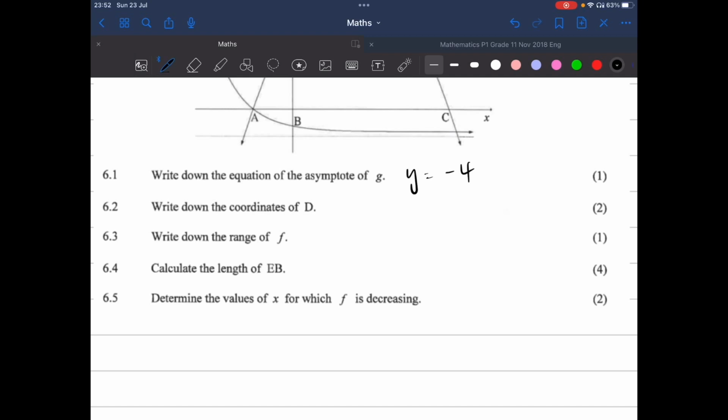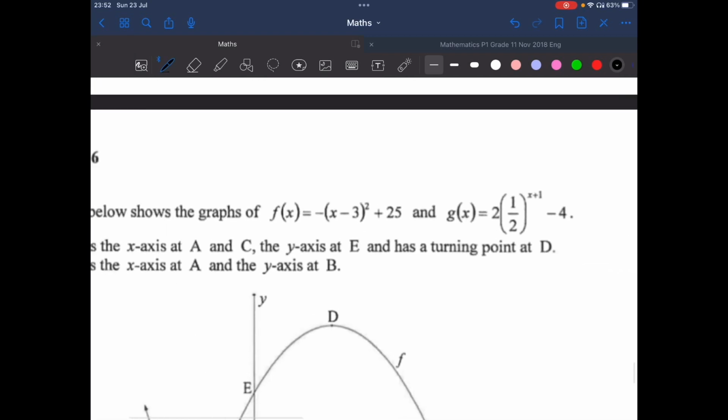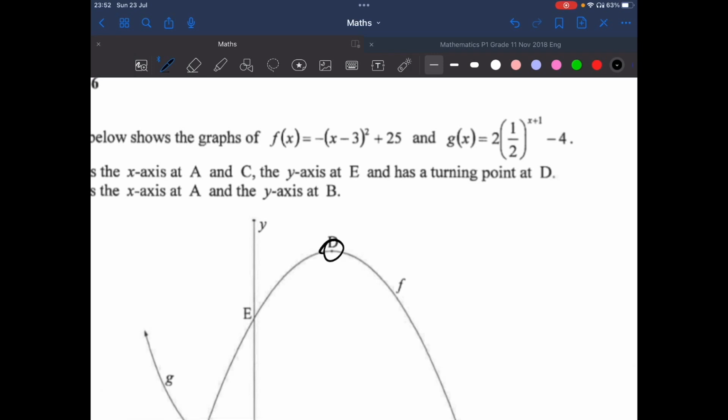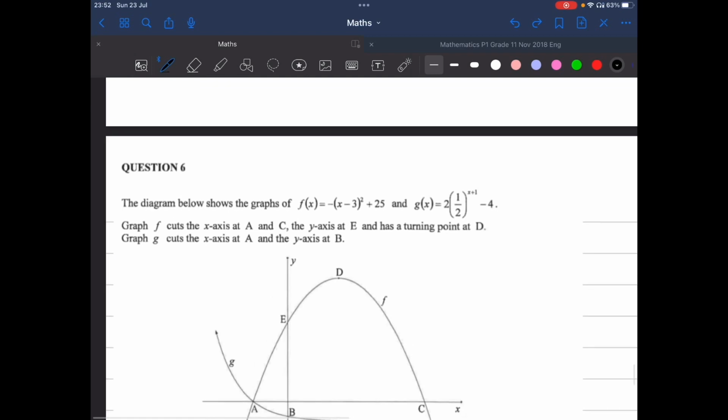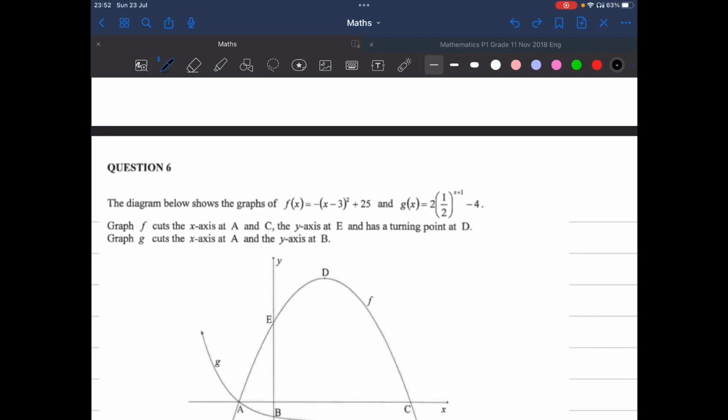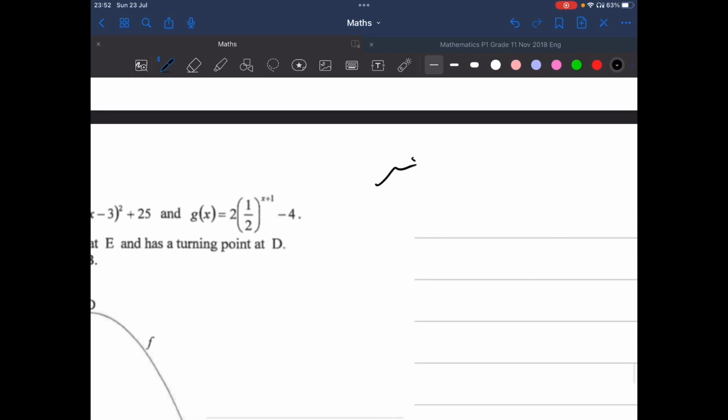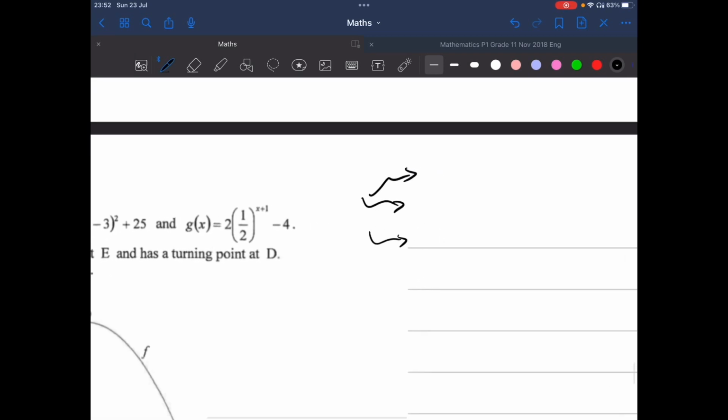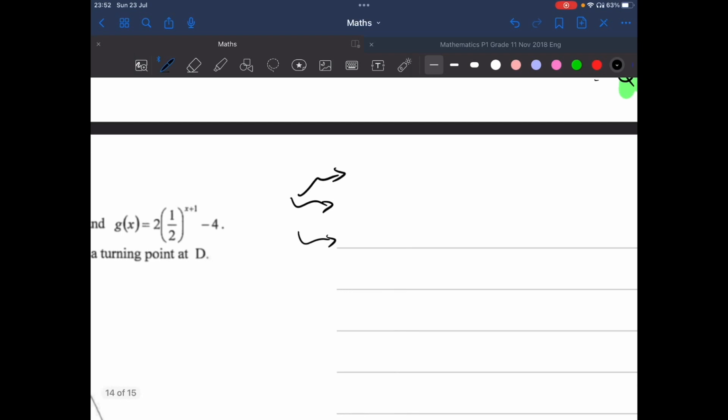6.2, write down the coordinates of D. Okay, so D is our turning point of the parabola, which was f(x). Now, before we continue, let's just talk about parabolas, right? There are 3 different ways that you'll see the parabola function given. First you have standard form, y equals ax squared plus bx plus c.